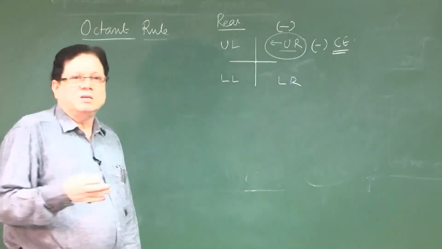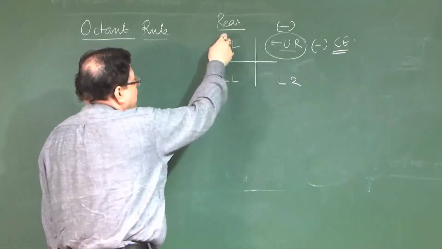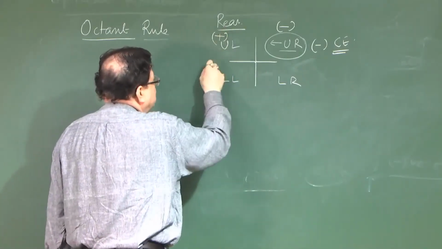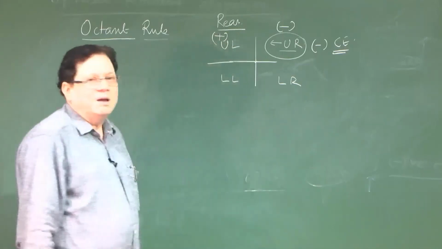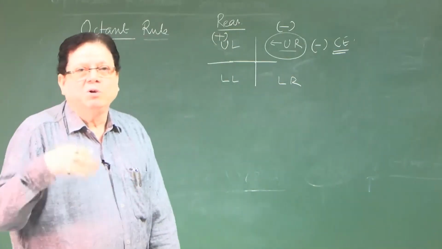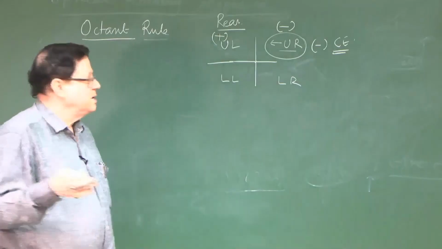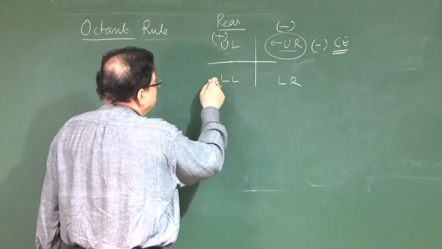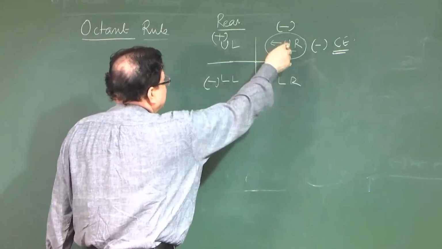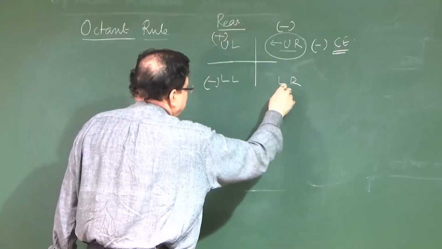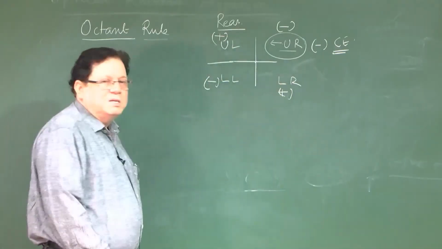Substituents falling in the upper left will contribute in a positive fashion to the Cotton effect, and similarly, that will be negative. So, it alternates: negative, positive, negative, positive. This is for the rear octants.